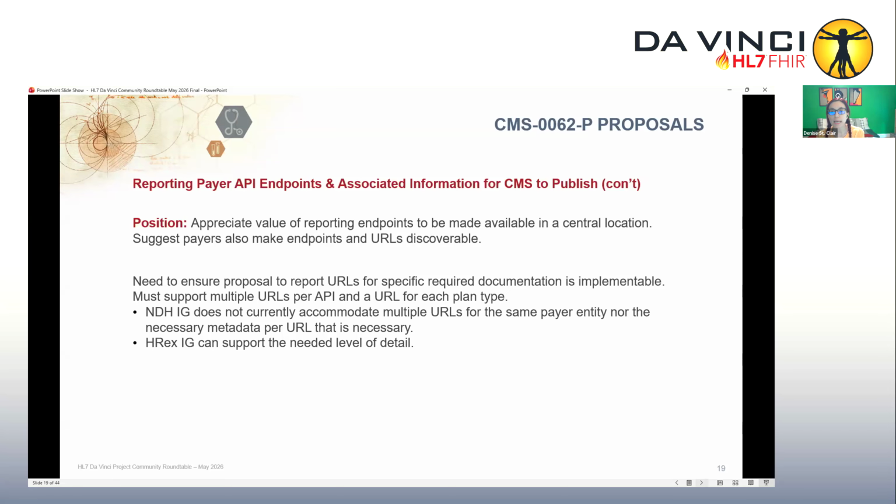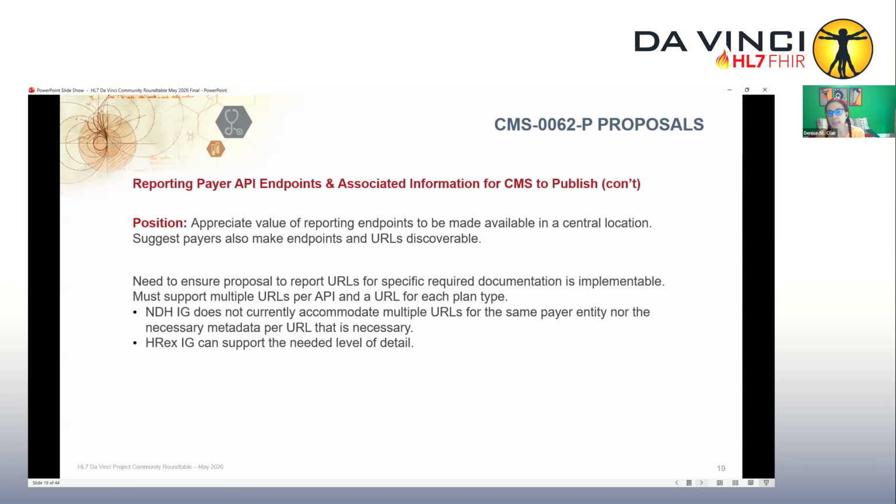And currently the NDHIG does not accommodate multiple URLs for the same payer entity or the necessary metadata per URL for sharing the information that's required through this proposal. The HREX IG does take into account this needed level of detail.